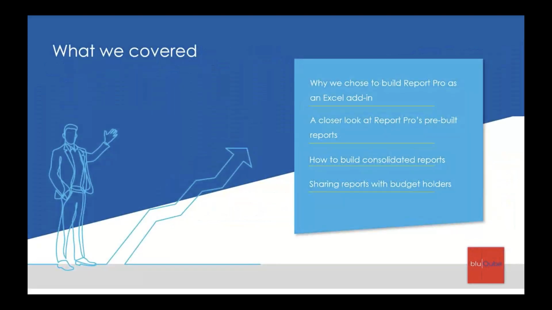So we've given you an understanding of why we are using Excel, and as I've said, it's very much been a response to really useful feedback we've had from customers, and I think Excel add-ins in this way are going to become the future for how finance systems work, getting information into a tool which everybody knows how to use. We've given you examples of the suite of reports that you would be given as part of the Report Pro package if you decide to purchase the tool.